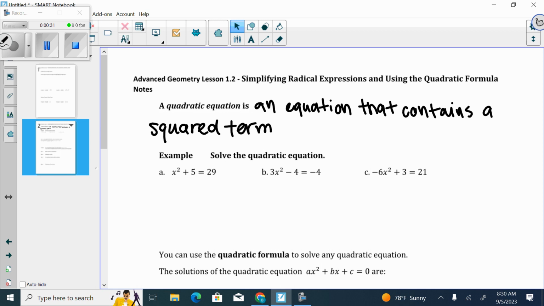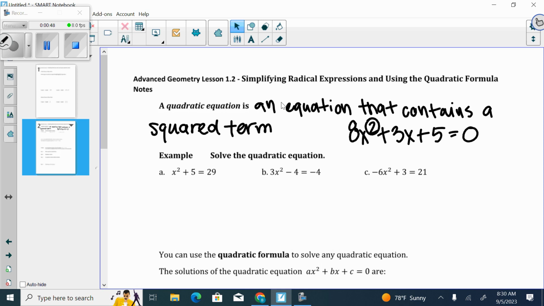So basically, anything that has an exponent of 2 in its equation is considered a quadratic. So an example might be like 8x squared plus 3x plus 5 equals 0.